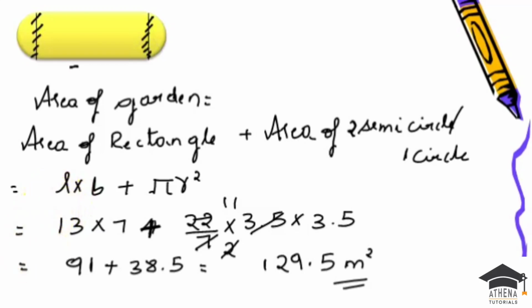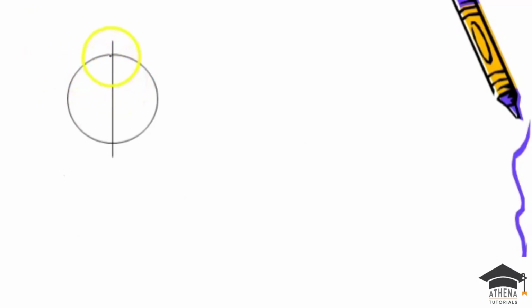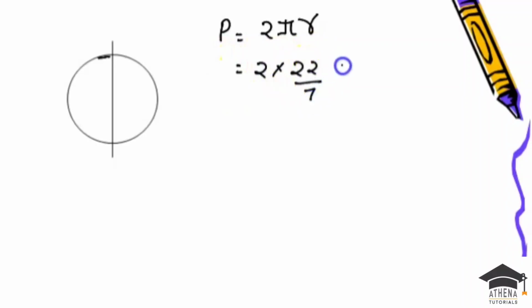It is very simple. See, this is one semicircle and this is another semicircle. If we join two semicircle, it will be a complete circle. So we can directly find the perimeter of a circle. It is 2 pi r, right? So 2 into 22 by 7 into, we got to know radius as 3.5. So 2 and 2 gets cancelled.